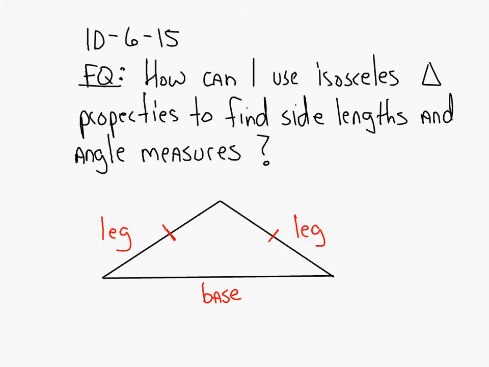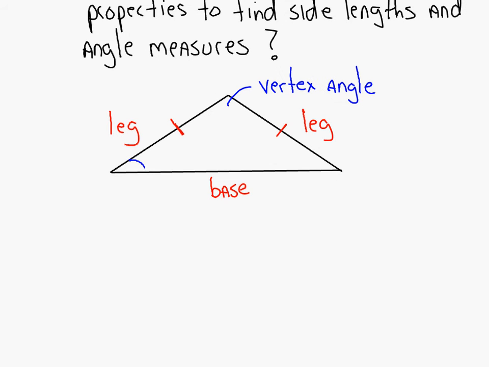The angle formed by the two legs is called the vertex angle. The other two angles are called base angles.